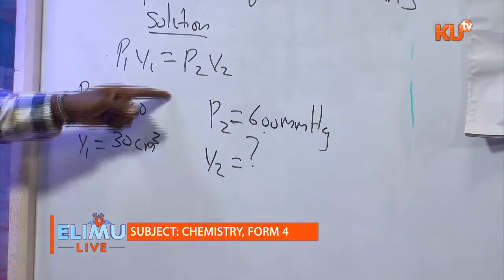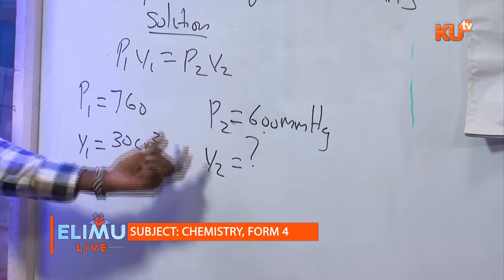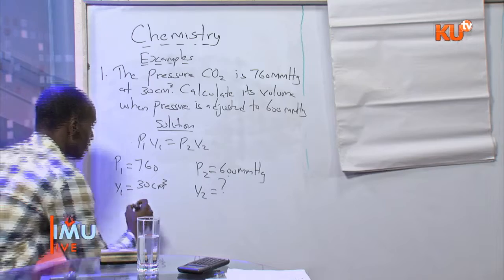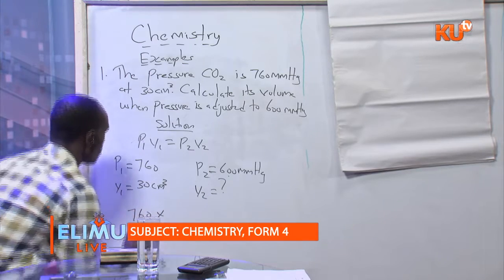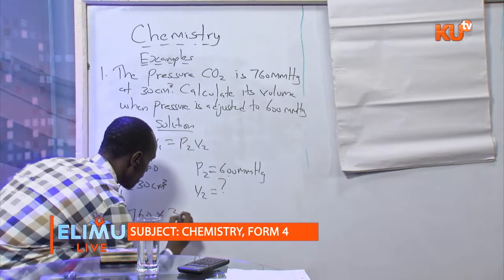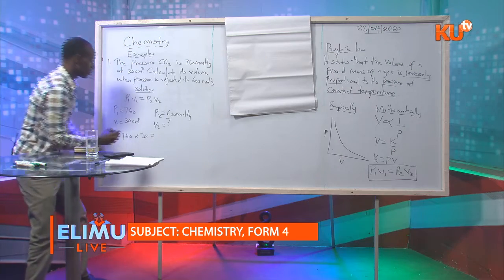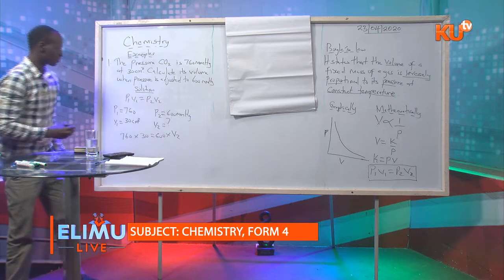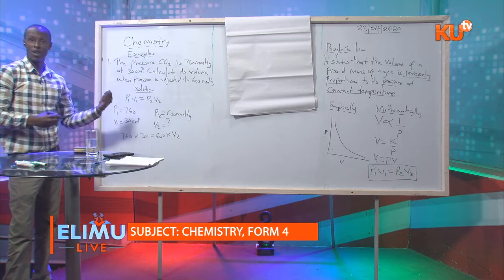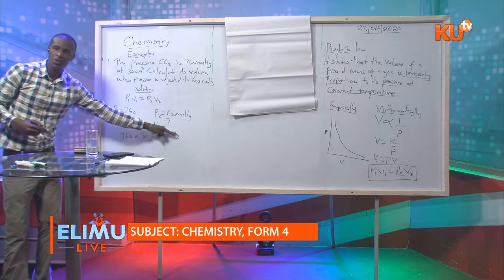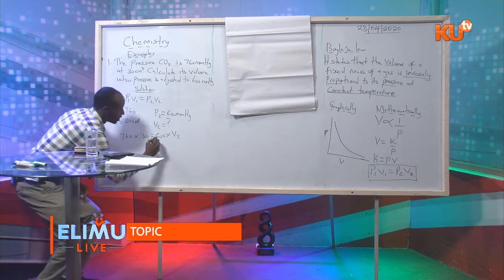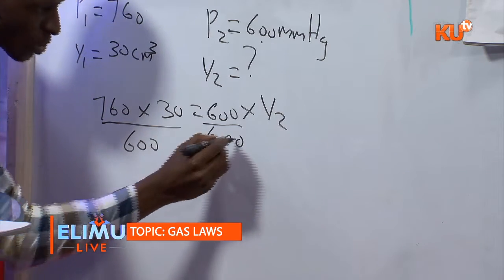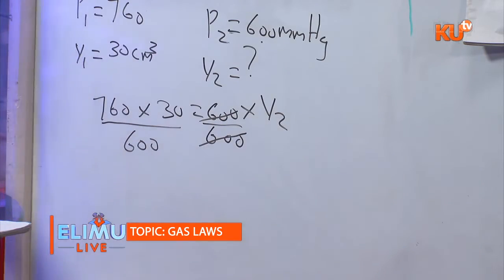Having written the values you have, you now get the unknown by replacing those in the formula. So 760 times 30 equals 600 times V2. Here you apply your knowledge of mathematics. If I want to remain with V2, I divide both sides by 600, so that the 600 and 600 go out.